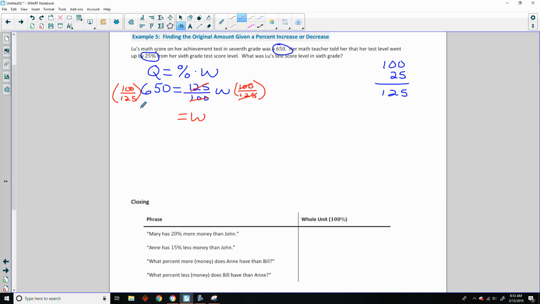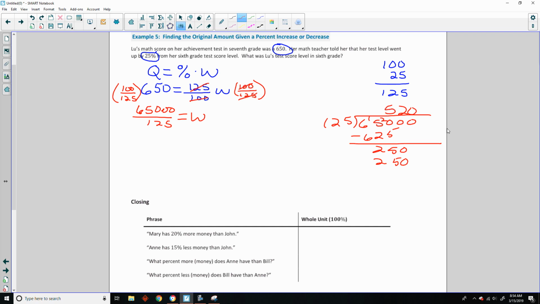So let me just multiply this, and let's just do it this way. 65000 over 125. So what I did is 100 times that, and now I need to divide it by that. Okay, so I'm going to show it this time instead of just using the phone. 65000. 125 goes into 650 5 times, with a remainder of 25. 125 times 2 is 250.